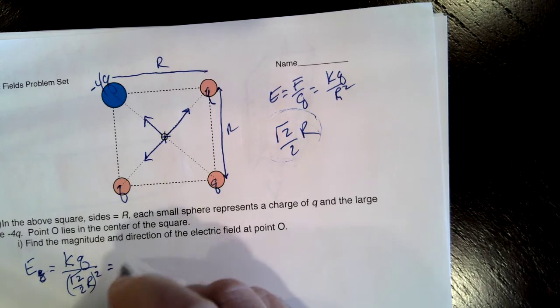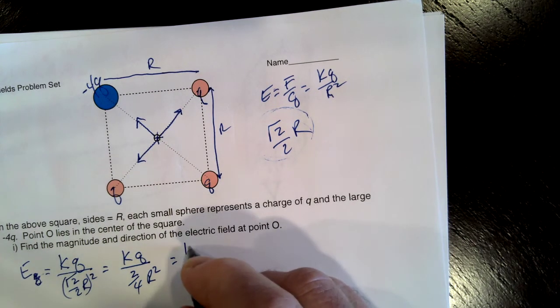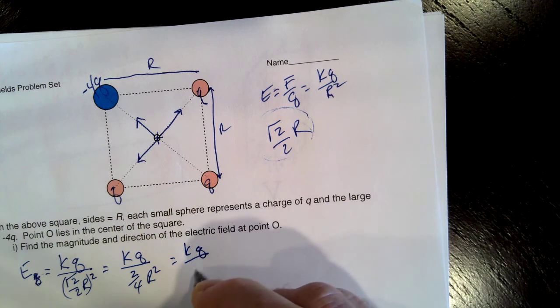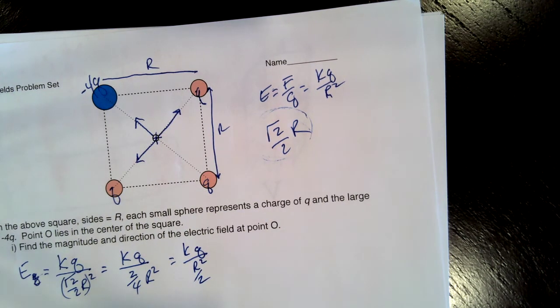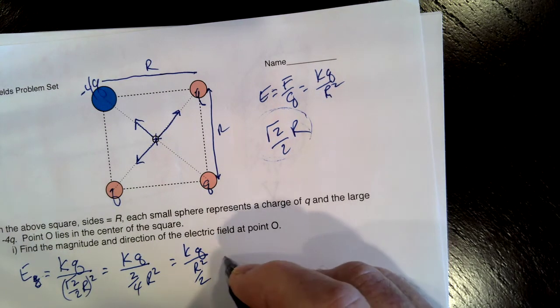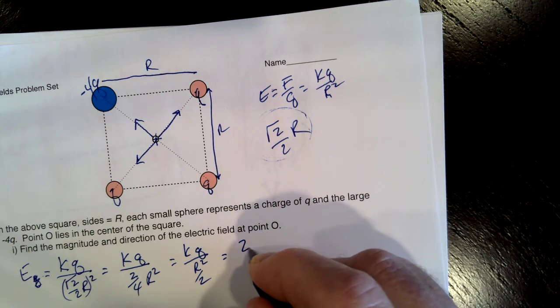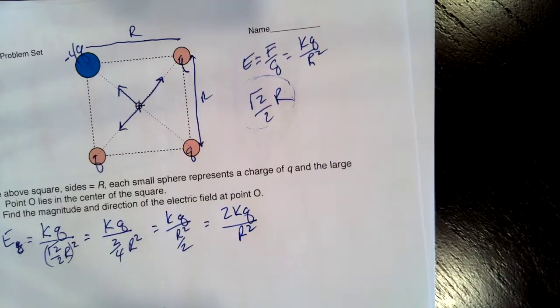You square all that, you're getting kq over 2 over 4 r squared. Right? So that would be the same as kq over r squared over 2. And we just take the reciprocal and multiply, and you end up with 2kq over r squared.